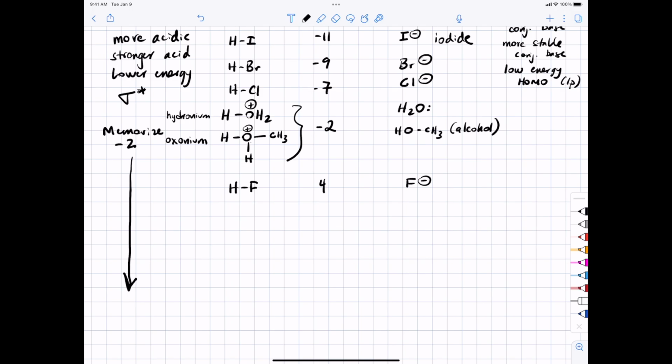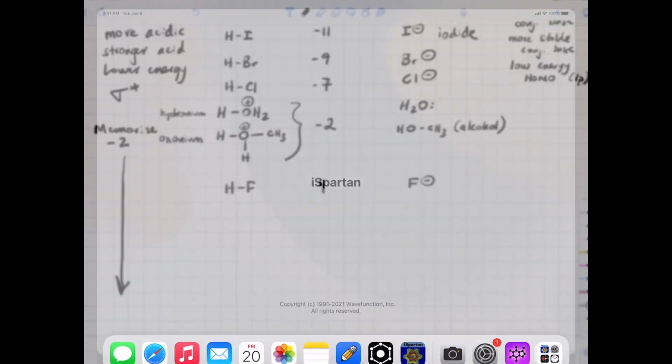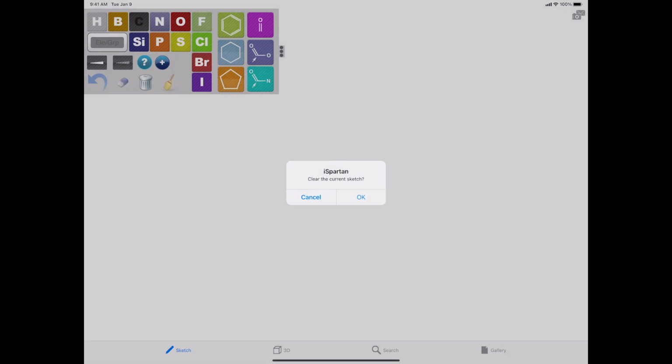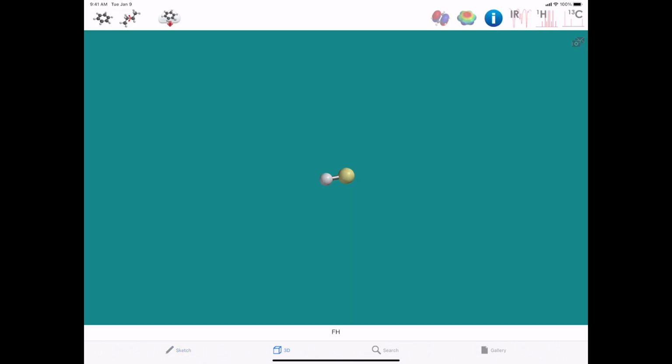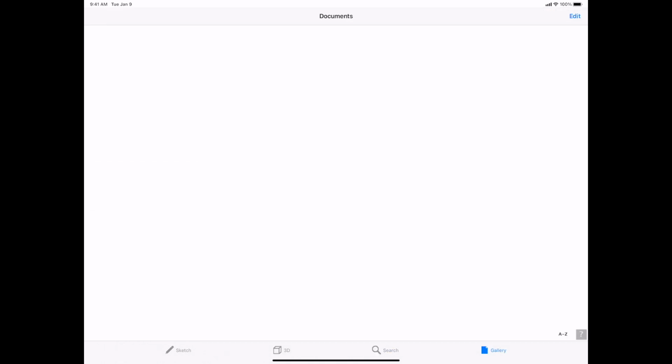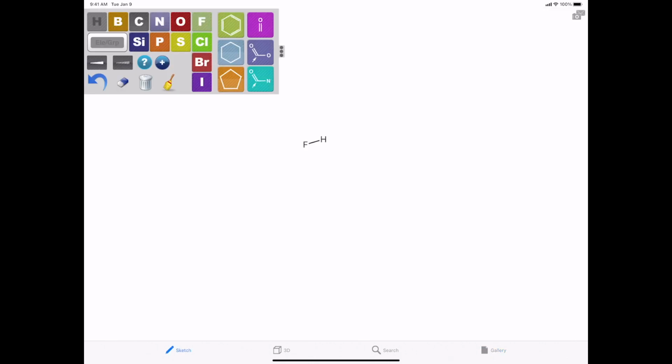The best way to illustrate this, though, is probably to use the Spartan app, and I'm going to actually draw HF. Okay? And I want you to just imagine and compare that bond size, that bond length, and atom size for HF with if we replace the F with Cl.